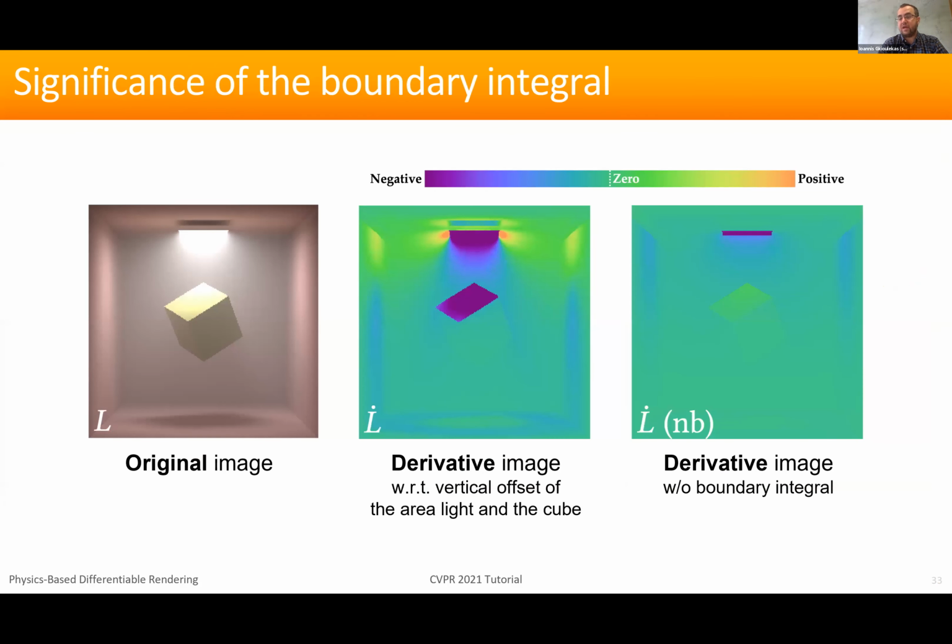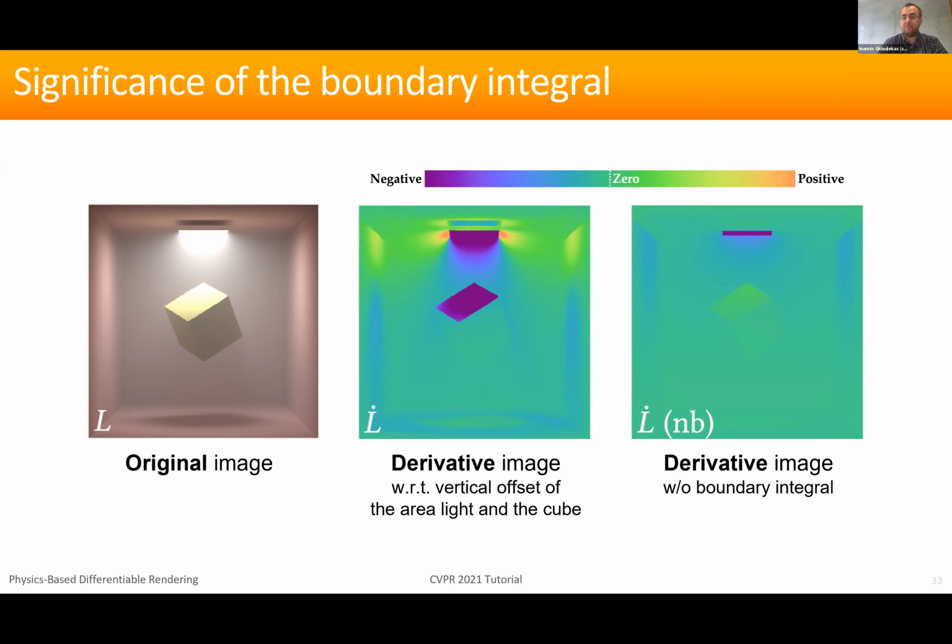So first, I wanted to show an example of what these derivative images look like when we do and do not take into account the boundary integral. So here we have a simple shape that we are moving vertically in this scene. If we compute the full derivative, we see, as we expect, that the top face of this shape produces a very strong gradient.